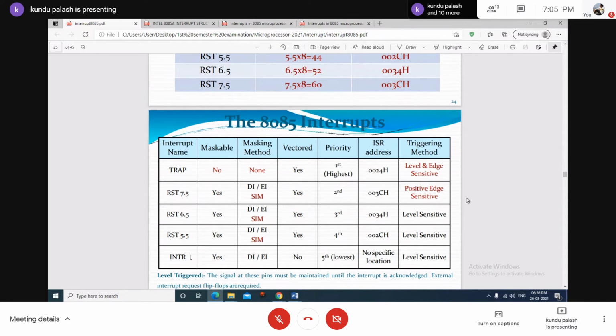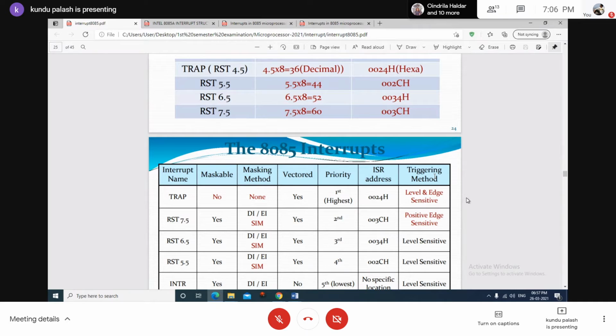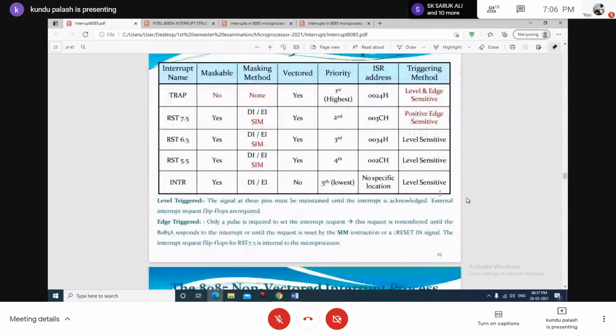The general interrupt request signal, INTR, is level sensitive, no case of edge sensitivity. That means only RST 7.5 is edge sensitive, and only the TRAP is sensitive to both level and the edge. So that is the interpretation of the last column of the 8085 interrupt system, and these are written here.